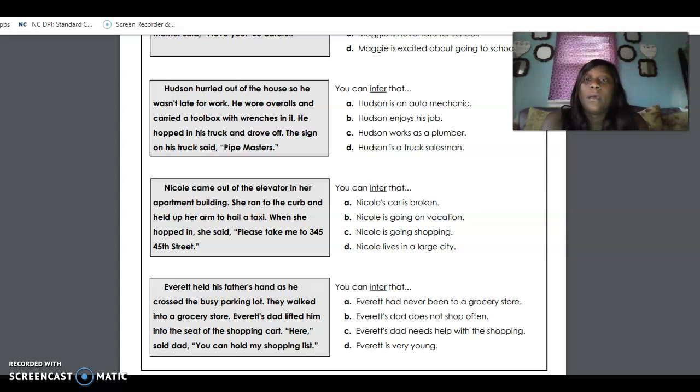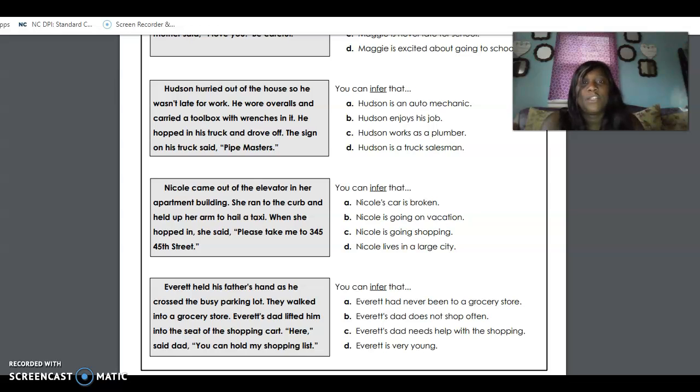Okay. Hudson hurried out of the house so he wasn't late for work. He wore overalls and carried a toolbox with wrenches in it. He hopped in his truck and drove off. The sign on his truck said Pipe Masters. You can infer that A, Hudson is an auto mechanic.